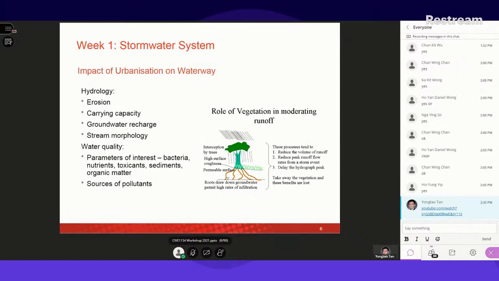And also the carrying capacity. The carrying capacity of the catchment area is reduced because, for example, the interception and infiltration mean most of the runoff will be absorbed by the natural catchment.